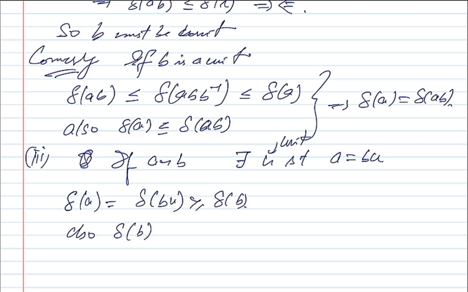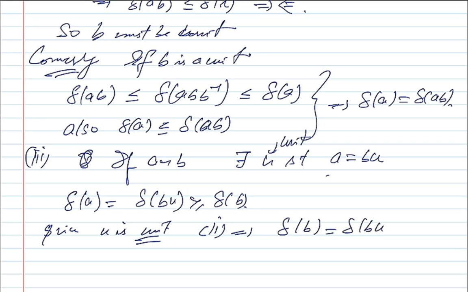Now, since U is a unit, so del of A is equal to del of B. Also, since U is a unit, so 2 implies del of B is the same as del of BU, which is equal to del of B. So done.